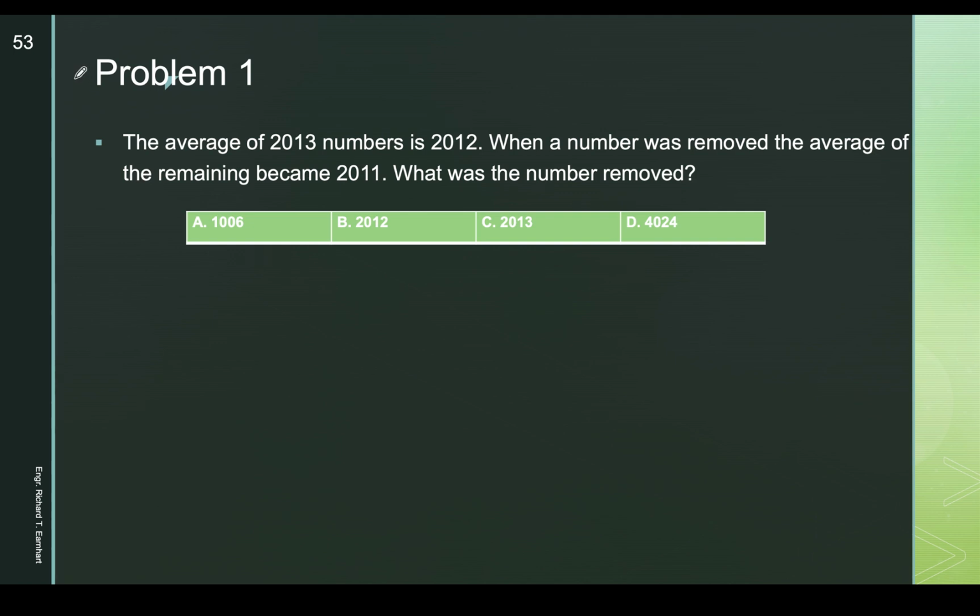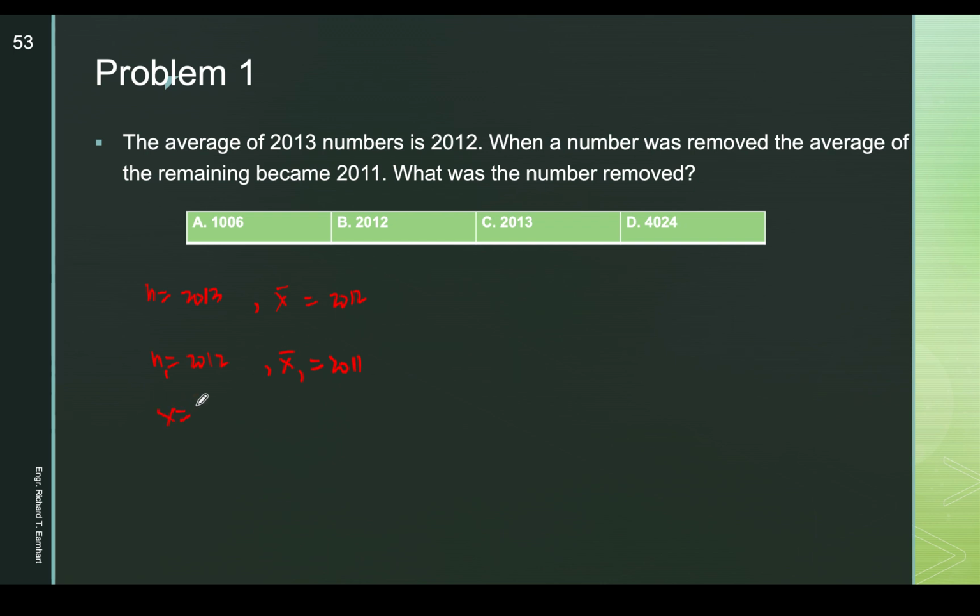Okay, so from the original numbers, we have n equals 2013, and then the average is 2012. Now when one is removed, n is now 2012, and then the average becomes 2011. What was the number removed?